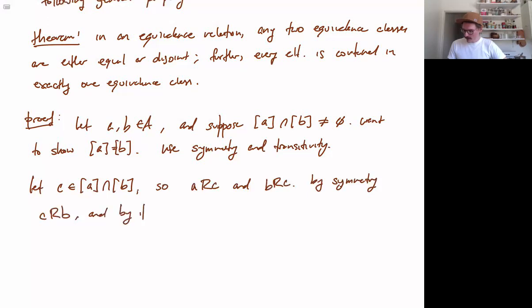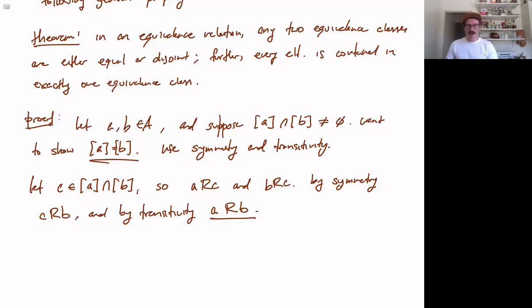And by transitivity, we can combine this thing and this thing to see that A is related to B. So this is the start of connecting these two equivalence classes.